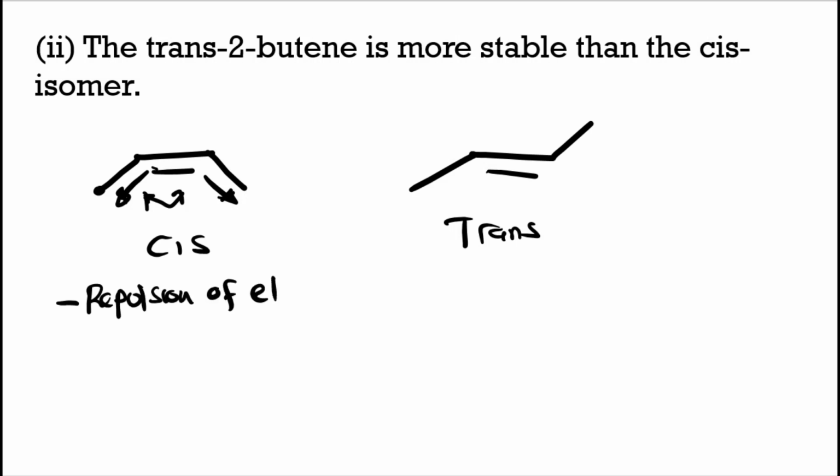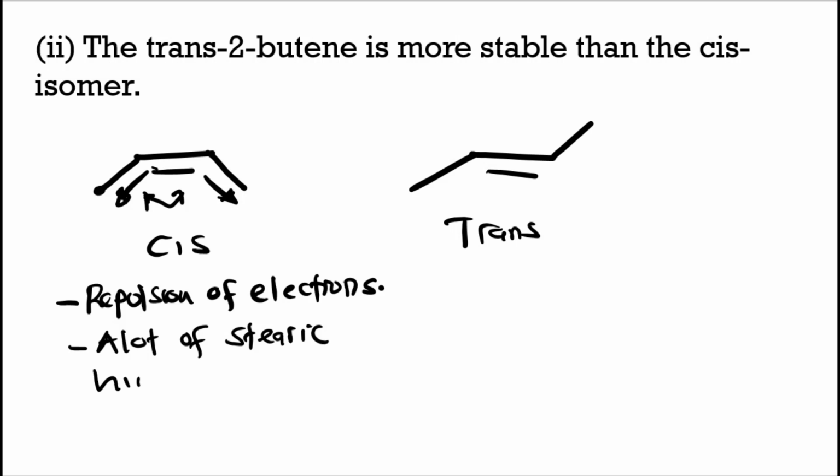Because of electron repulsion, there's going to be a lot of steric hindrance, which will cause instability.